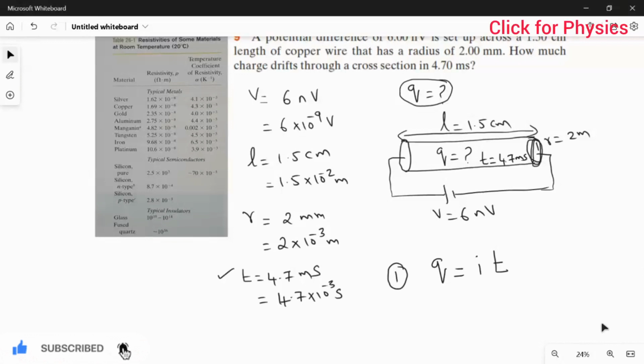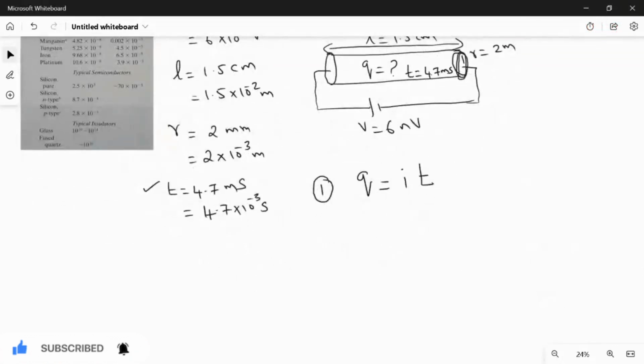So now I'm going to use the formula for the current. What is the formula for the current? As we already studied, potential V is equal to current multiplied by resistance. From this formula, we can easily get the current.